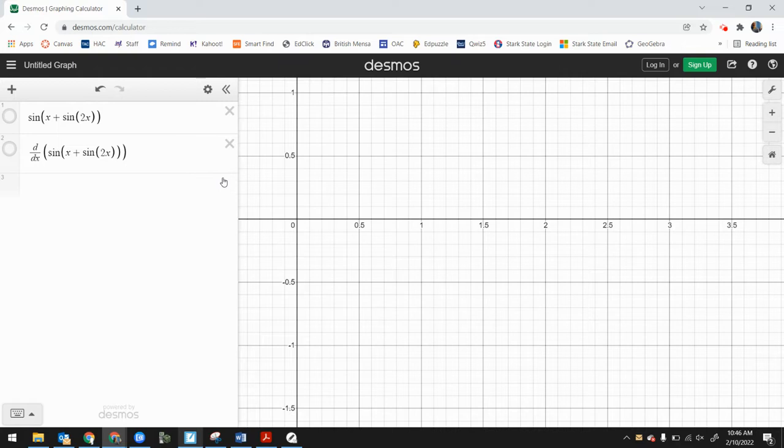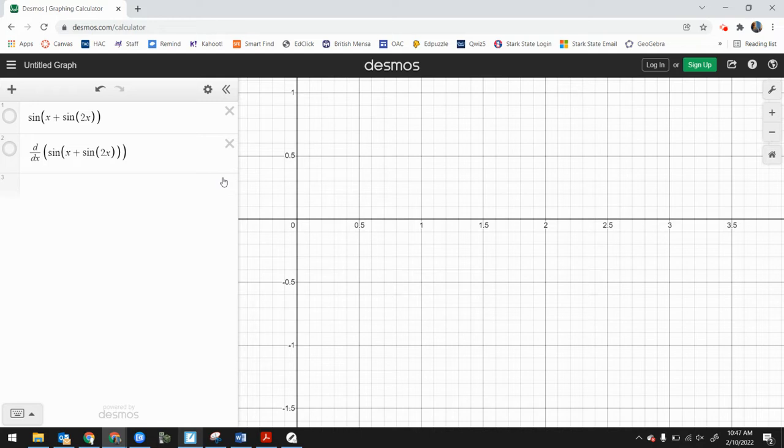Cosine. The chain rule says I leave it the same, then multiply by the derivative of the inner function. So times, what's the derivative of the inside? 1 plus cosine 2x times 2, because I've got to do a chain rule in there.